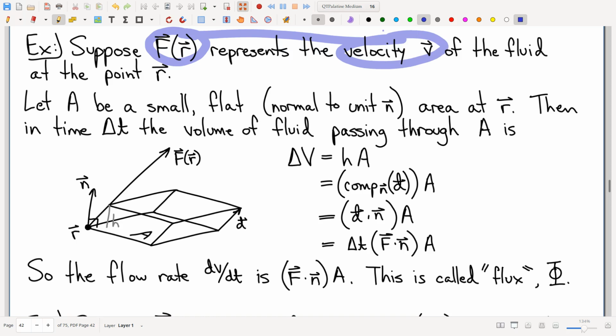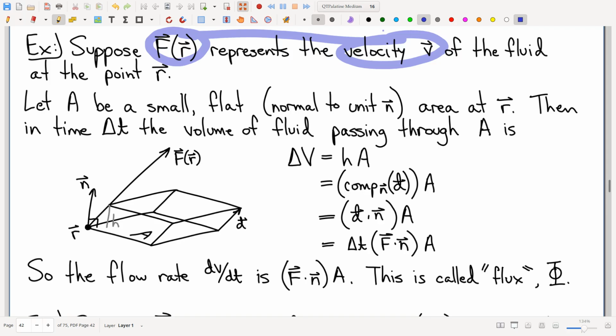Whatever point r you're looking at, see what the velocity of the fluid is at that point. That's the field vector. Side note, this is one of two very common important ways to represent a fluid flow. There is another one that is also very important. We'll get to that later. For the moment, field vector is velocity.